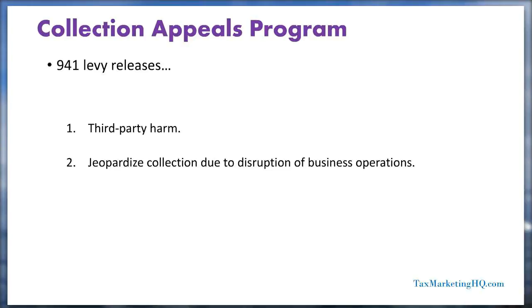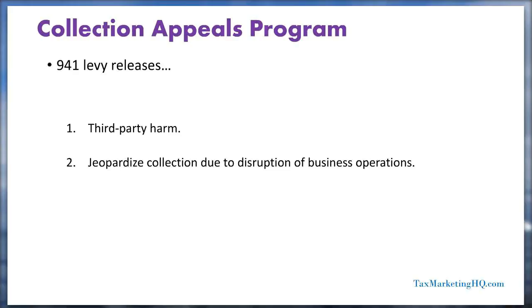And the most common element of third-party harm is when a levy has been assessed on a business against their payroll account, which then means that payroll checks are going to bounce. And that is going to impact employees, obviously, because they have bills to pay, right?